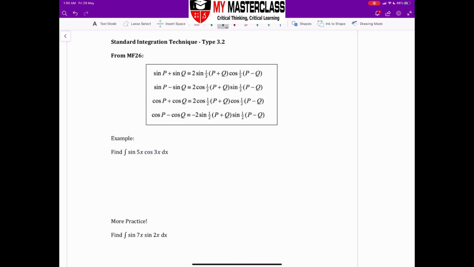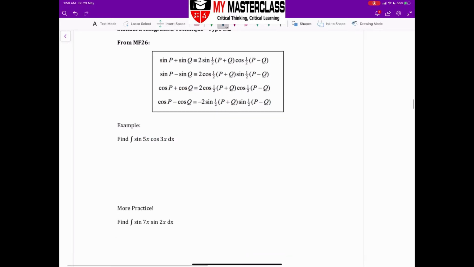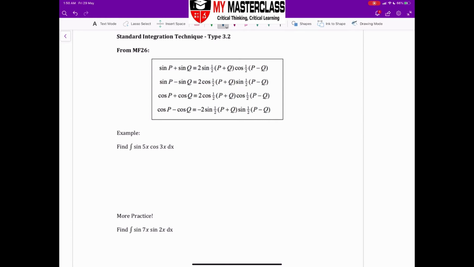So how do I convert back to my left hand side? I will know that my half p plus q will be equal to 5x, and my half p minus q will be equal to 3x.